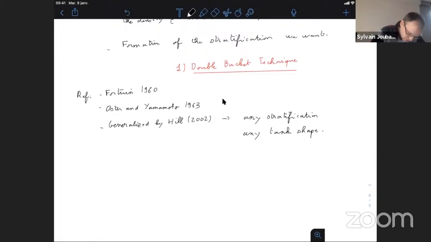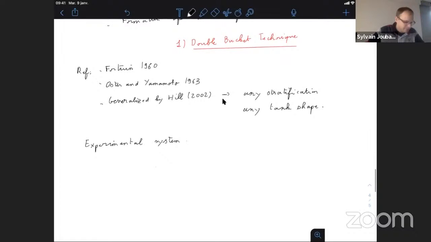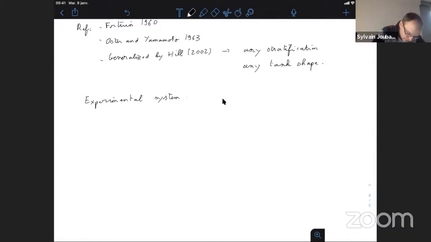Just to show, I will make a small sketch of the experimental system. It's called double bucket for a reason. So you start with a tank. The first one, you have a first tank at a density ρ0, water.